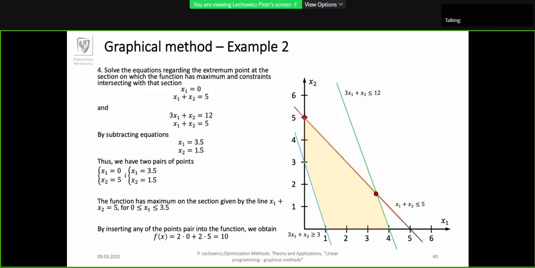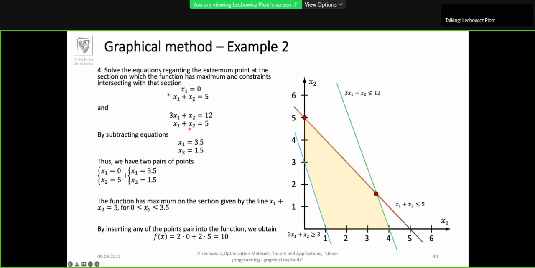So we have a set of global optima, and to find the range of points which have the optimal value, we have to consider the intersection of this constraint with two constraints. The first constraint is that x1 is greater or equal than 0. The second constraint is this green line.